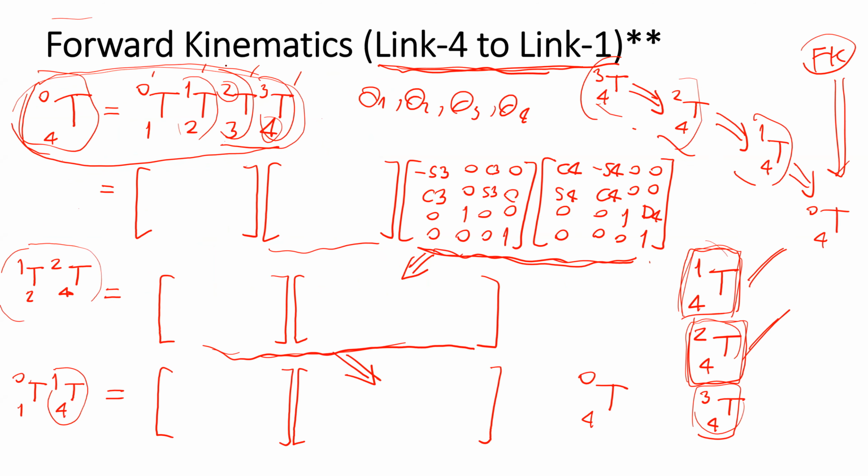The product of the homogeneous transform, if we do from this step, we have the product of the last pair and have here, and in the third step, we have this one.